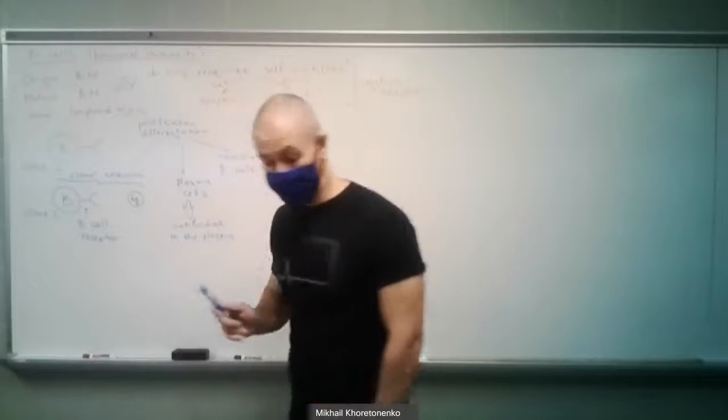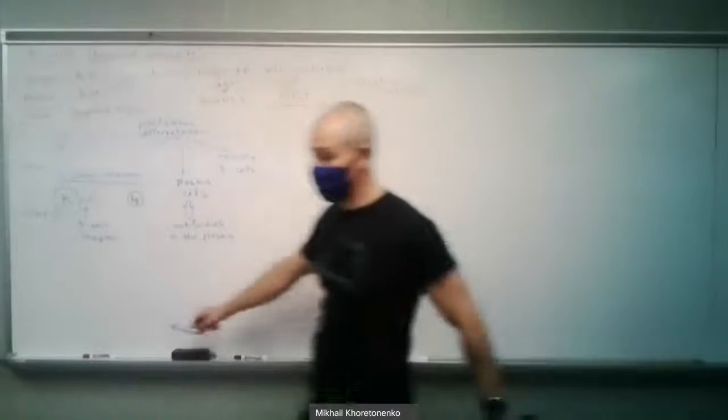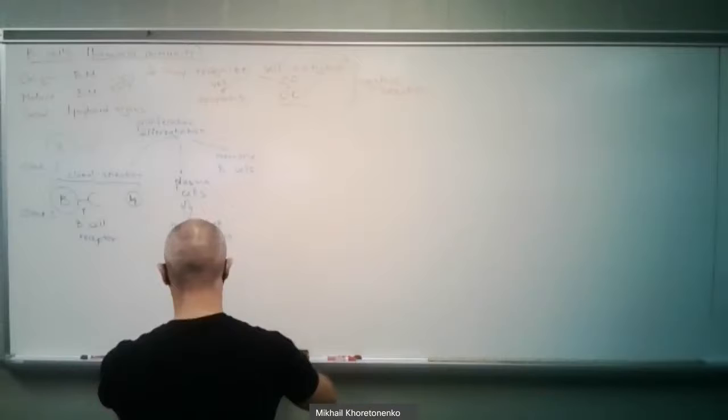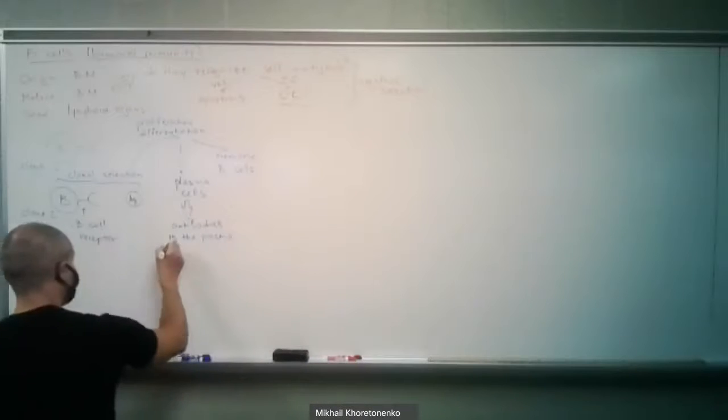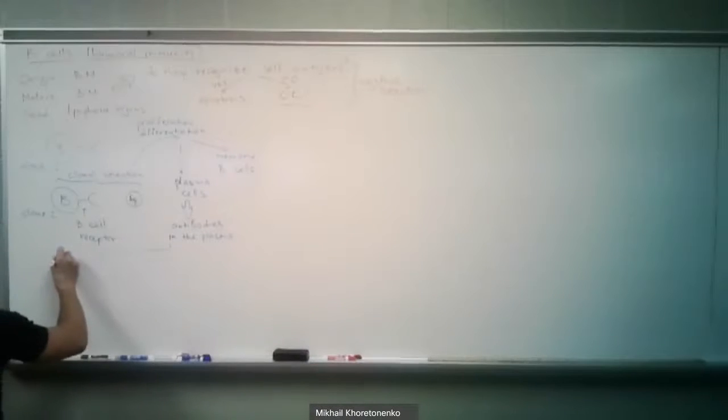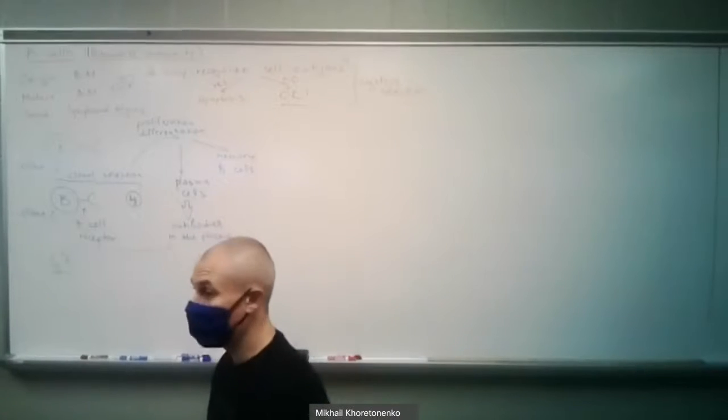Now, what are the five different types of antibodies? We're going to start with what I believe is the most boring antibody type, which is immunoglobulin E. And its main responsibility, quite frankly, is allergic responses.